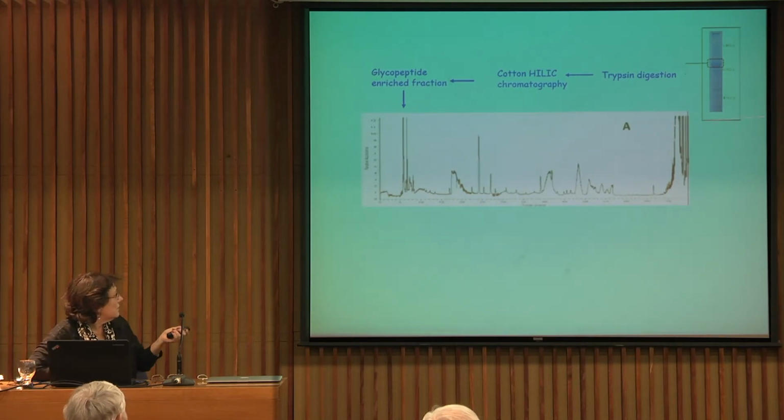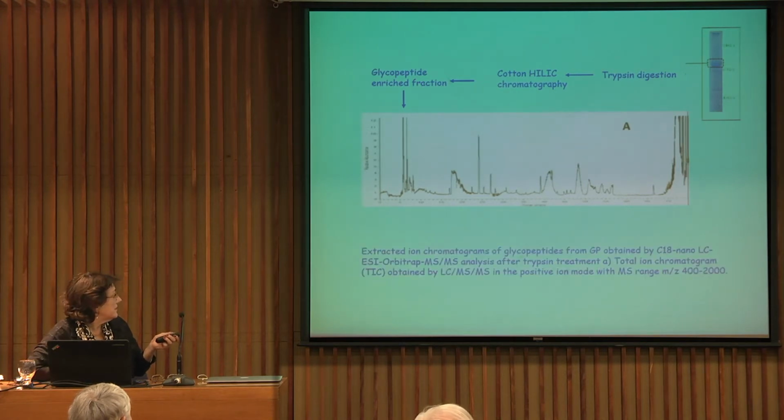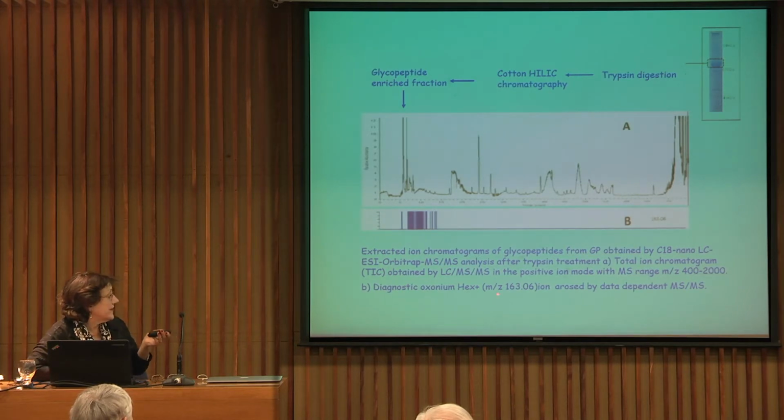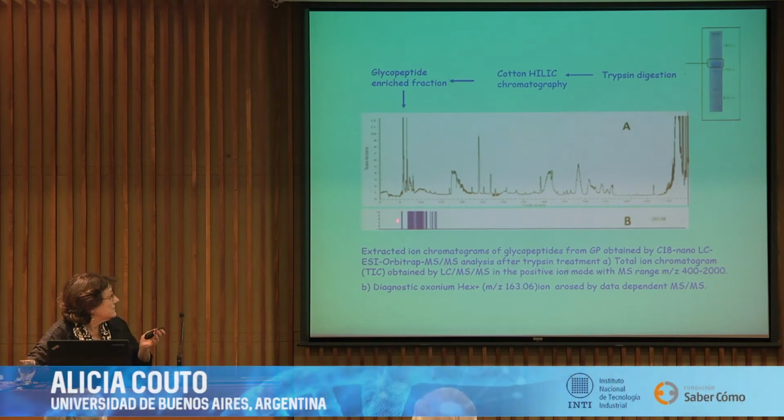And although the whole run was very complex, looking into the diagnostic ions, for example, for hexoses, we knew there was a lot of glucose, so we looked for the oxonium ions for hexoses in the MS-MS spectra, and we could detect a region between 5 to 12 minutes of the run that showed the diagnostic ions of O-glycosidic hexoses.